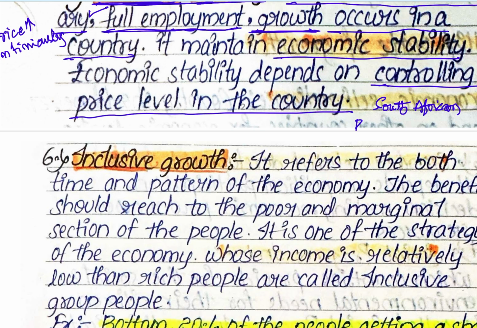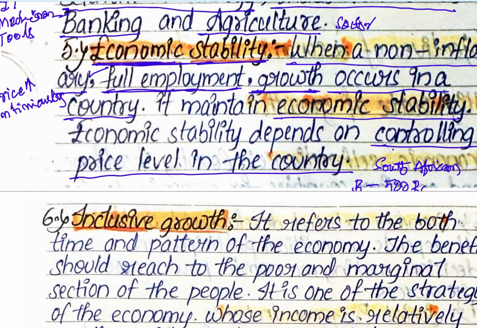Even bread prices in poor countries like Uganda and Zimbabwe, even one bread packet costs more than 500 rupees. That means those countries are economically very backward. So we have to control price levels in the country. That is important for economic stability.